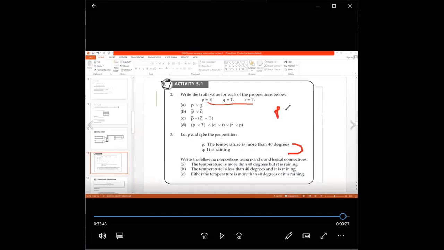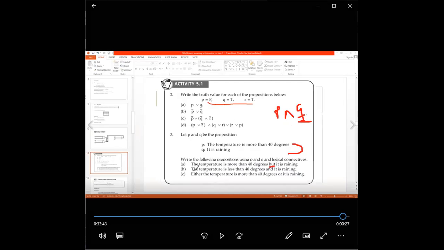P and Q. Good. The temperature is more than 40 degrees and it is raining. The reason there is a but is that we don't expect it to be raining on that day. That's why we're using but, but it is simply temperature is more than 40 degrees and it is raining.